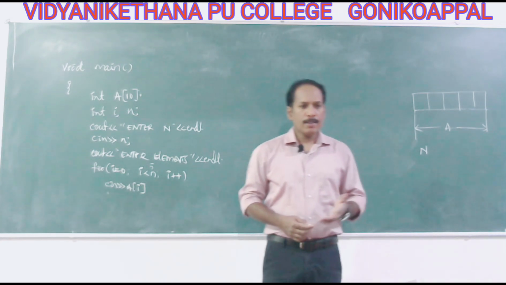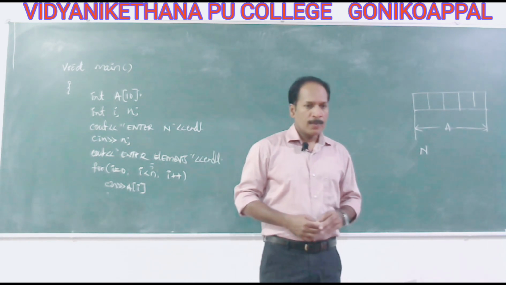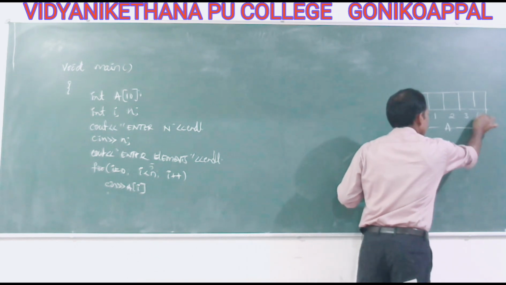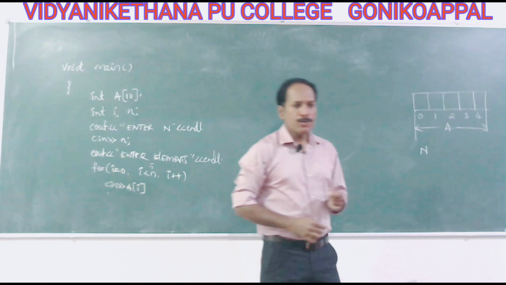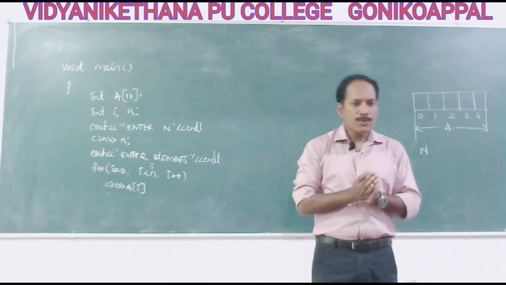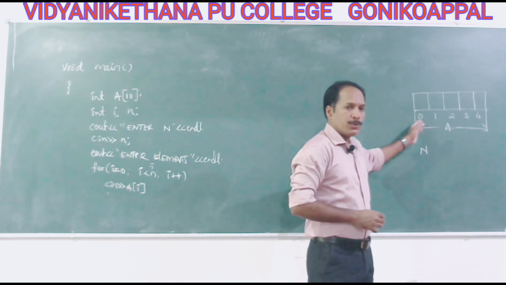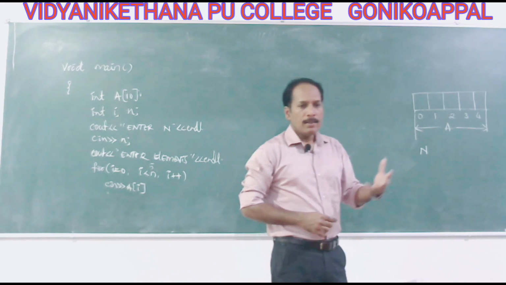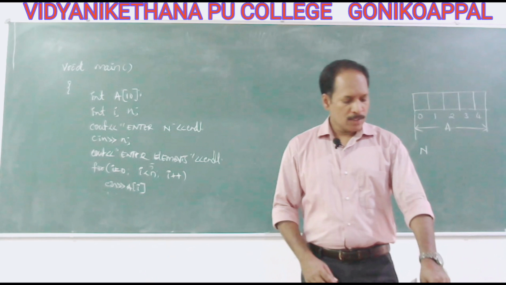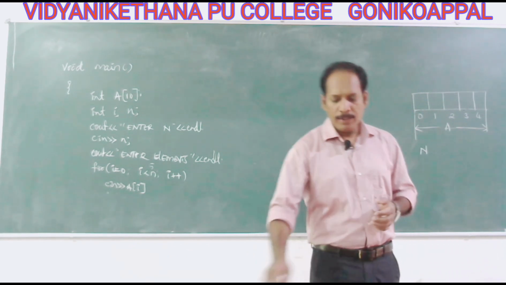Next, LOC is the location where we are going to find the element. We have subscripts 0, 1, 2, 3, 4. The location is used to decide whether the element is present or not. To start with, I assume the element is not present. We decide whether the element is present depending on the subscript value, the position, in a variable called LOC.